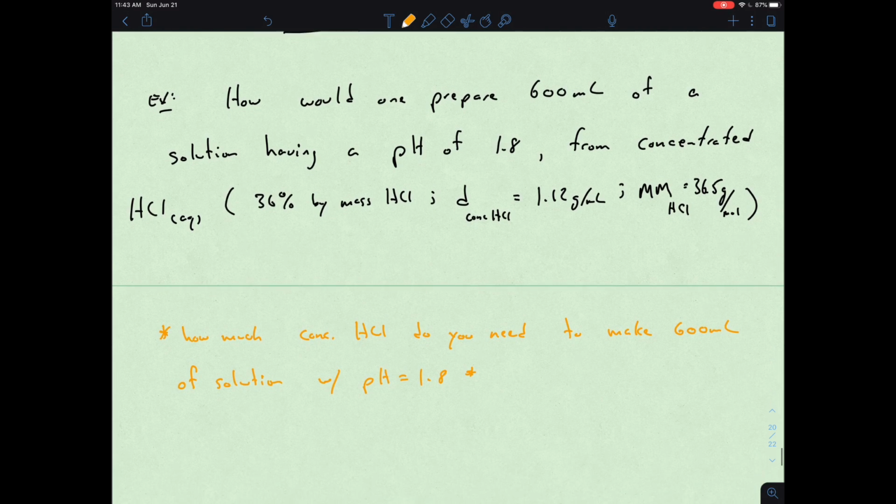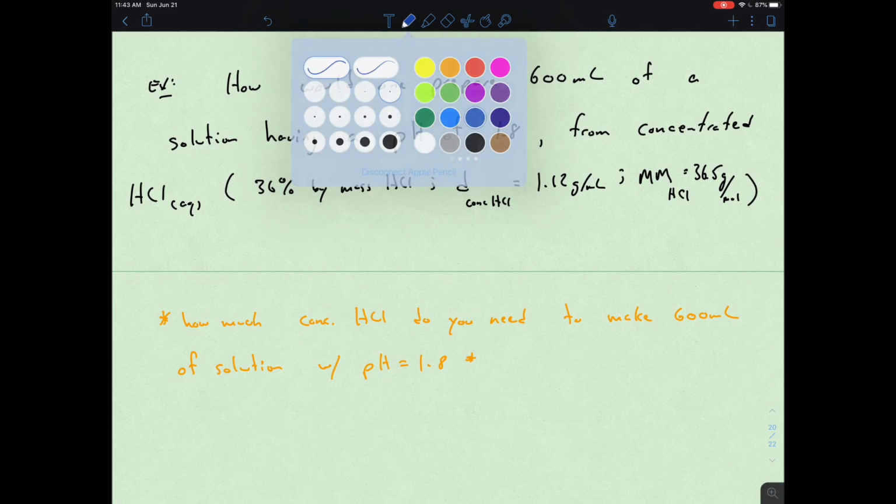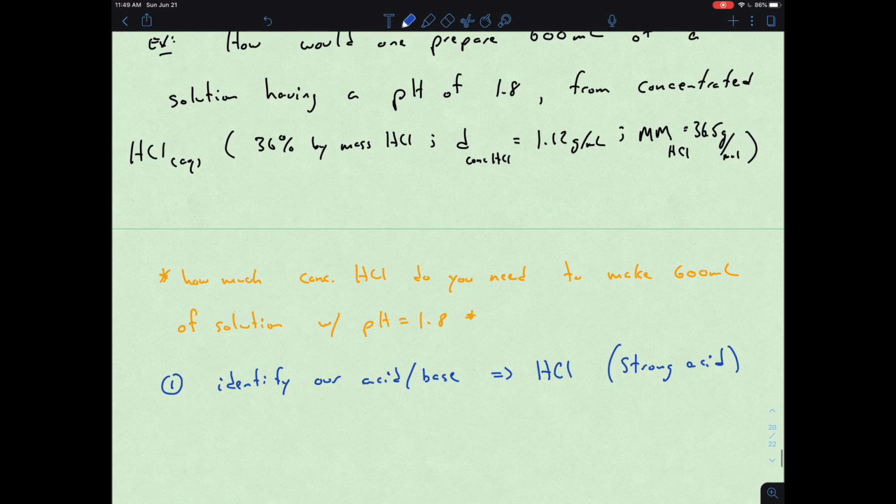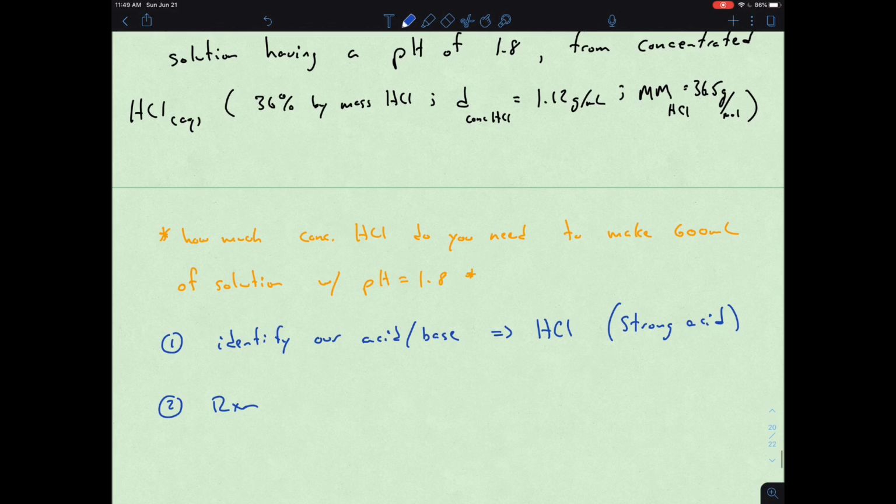So the first thing that we need to do, to start that methodology approach, is to identify our acid or our base. And in this case we have HCl, and that is a strong acid. With that identification, now we can write our reaction.